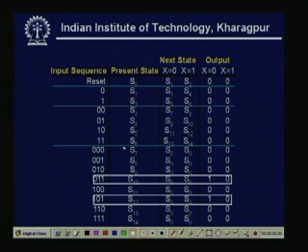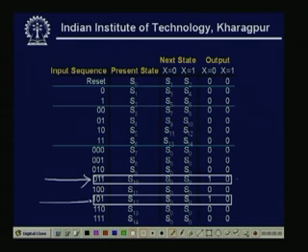If you check all the rows, you will see that for the input sequence 0 1 1, the present state is S10, and for x equal to 0 the next state is S0, for x equal to 1 the next state is S0, with outputs 1 and 0.